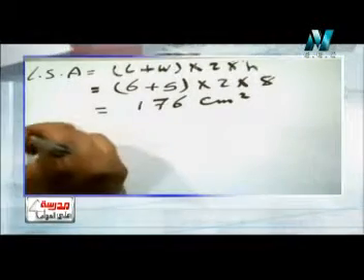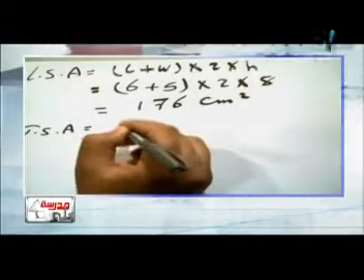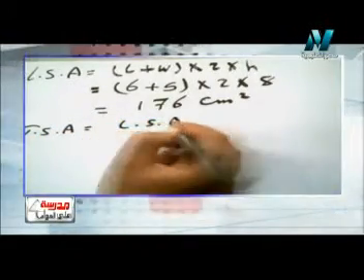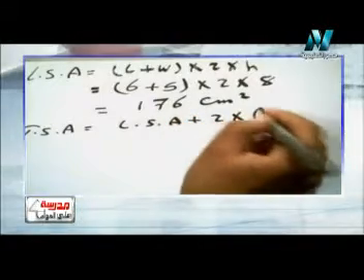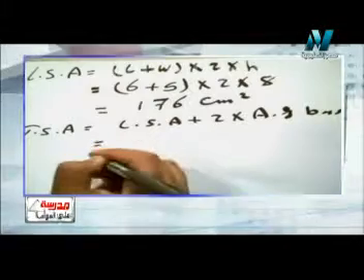To find the total surface area of a cuboid, it equals lateral surface area plus 2 times area of base. The base of a cuboid has the shape of a rectangle, and the area of a rectangle is length by width.